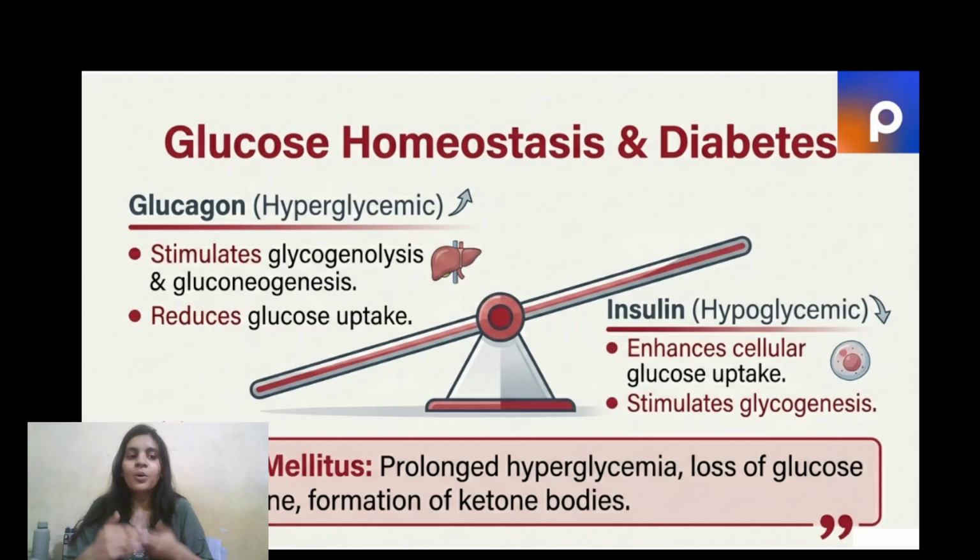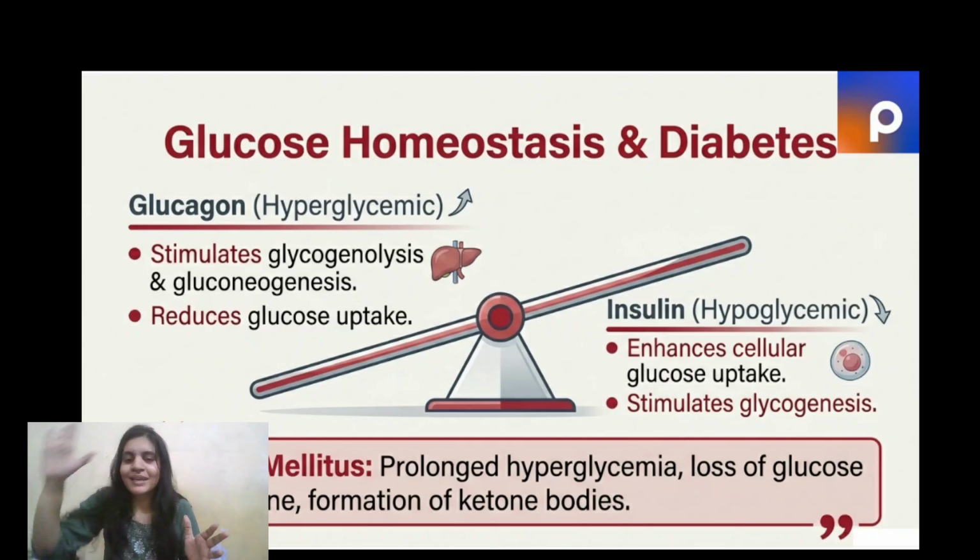So, we have these two hormones which maintain glucose homeostasis. On one hand, we have glucagon, which is hyperglycemic. That is, it increases the blood sugar. It stimulates glycogenolysis. That means breakdown of glycogen and production of glucose. So it basically reduces the glucose uptake of the cells and increases blood sugar. If cells won't take it, blood will have it, right?